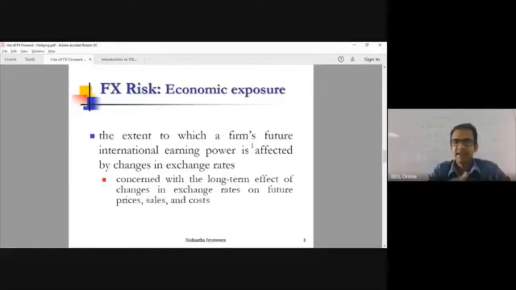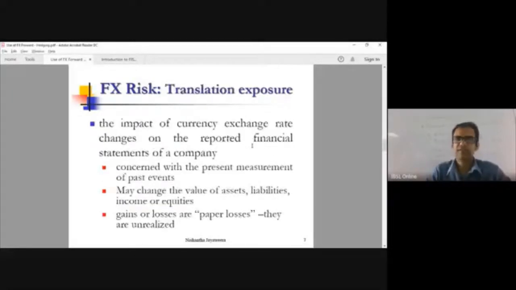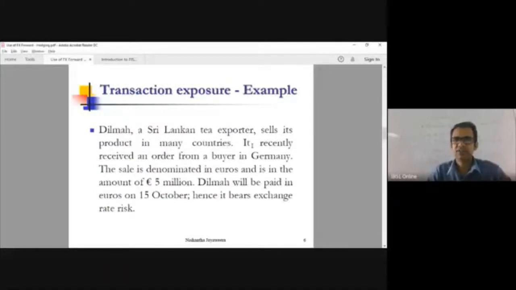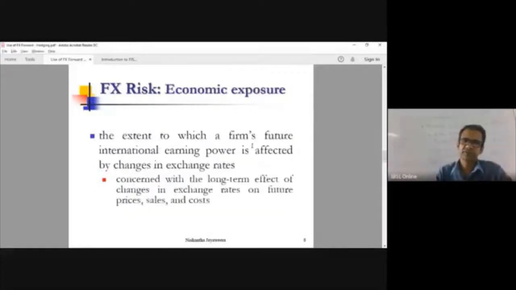So as an individual, we don't have most of the time any transaction exposure or translation exposure because we don't do any trades with foreign parties. We don't keep foreign currency assets or liabilities with us, so we don't have any translation or transaction exposures. But we all face this economic exposure.